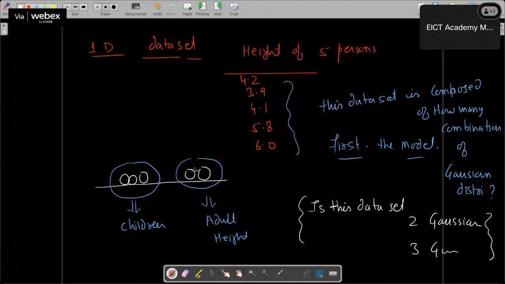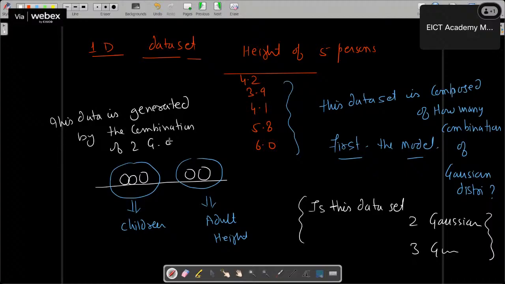Okay. So as per this one-dimensional data, this data is generated by the combination of 2 Gaussian distributions. So here the K value is equal to 2, because we can see by naked eye that k is equal to 2.